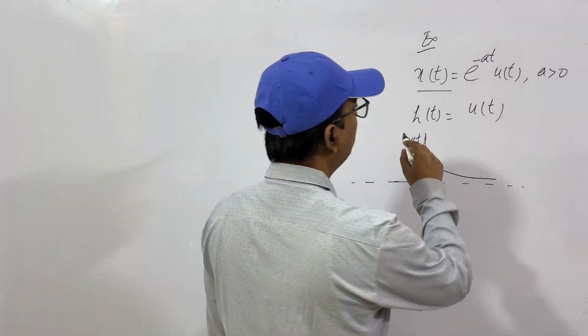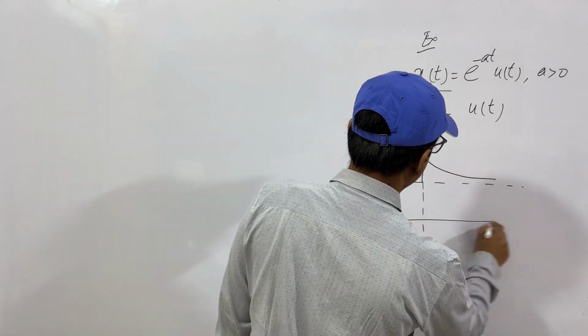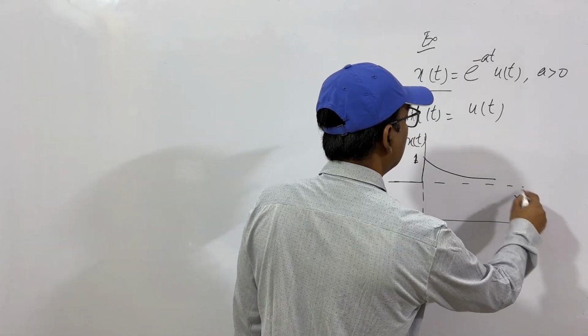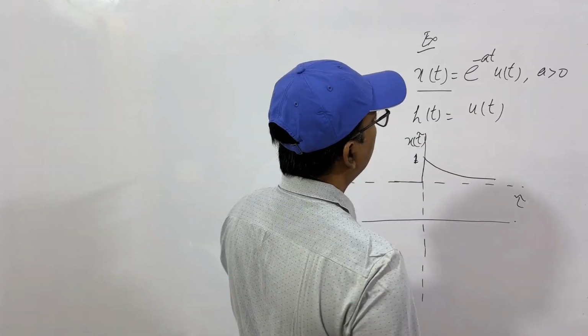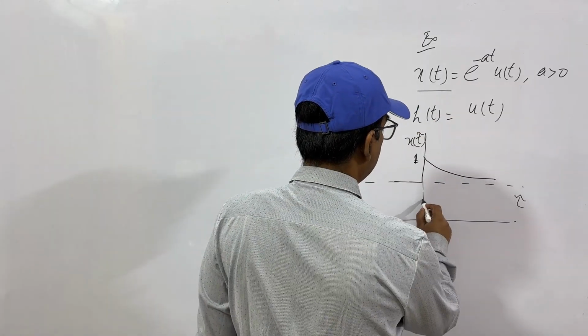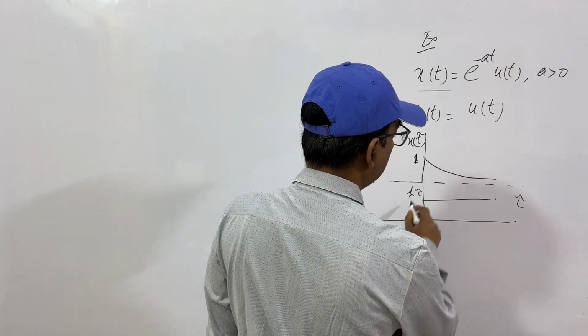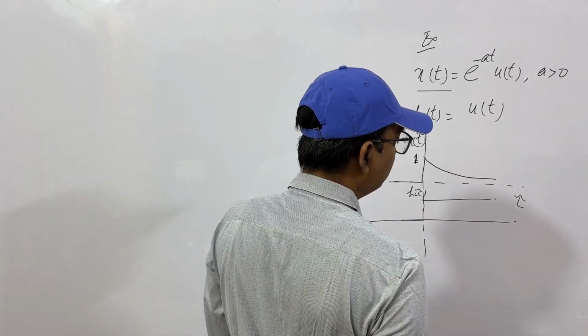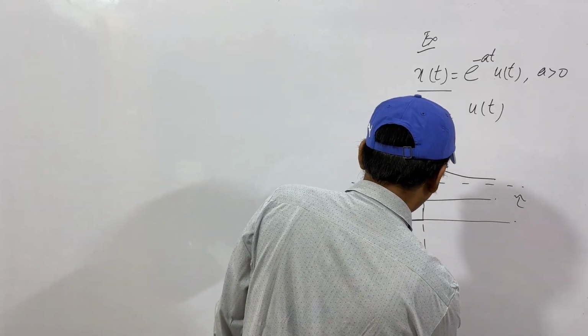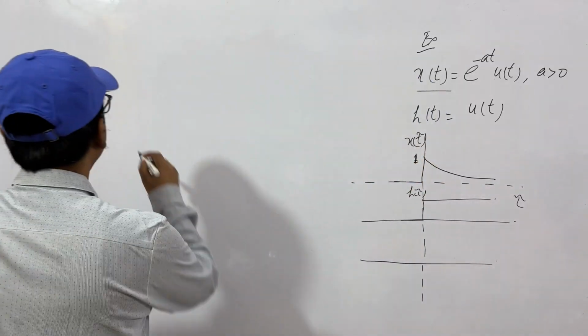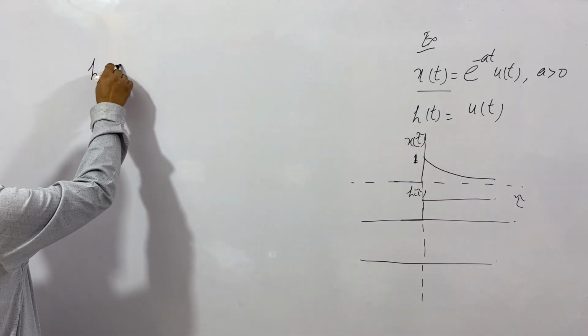Let's say we are talking on tau, so x(tau). What is h(tau)? h(tau) is simple, this. Clear? Then what is h(t minus tau)? See, h(tau) you write like this.